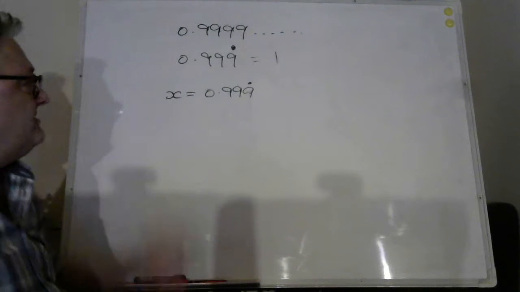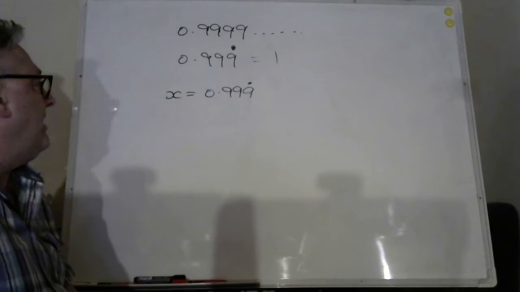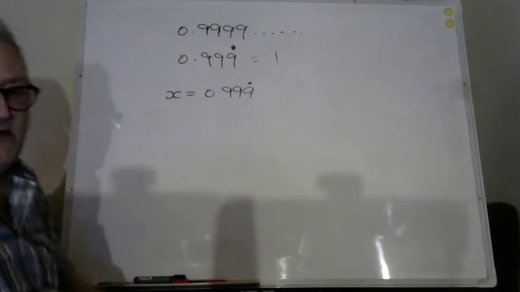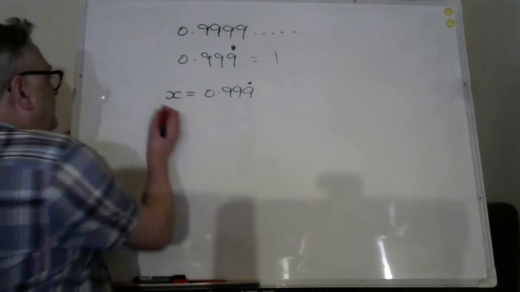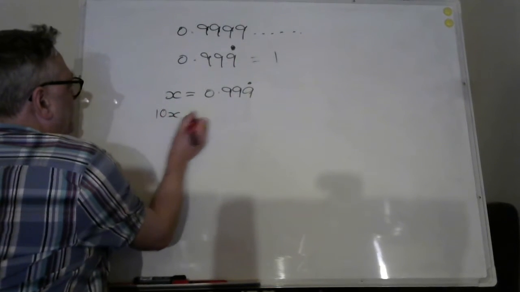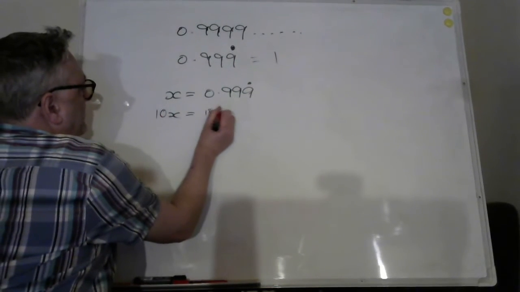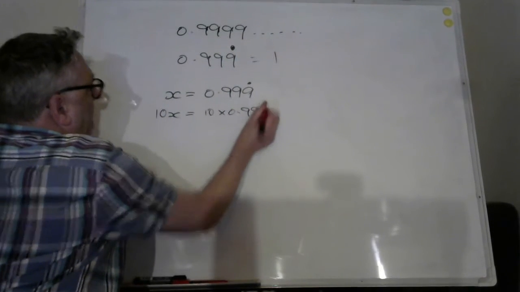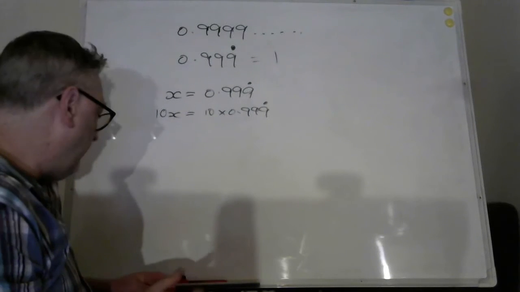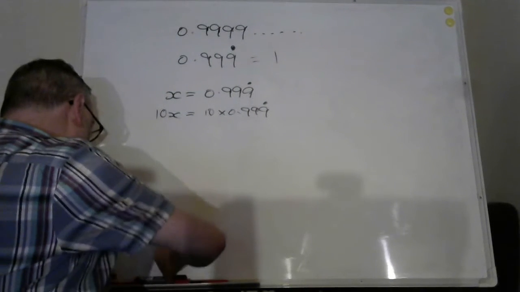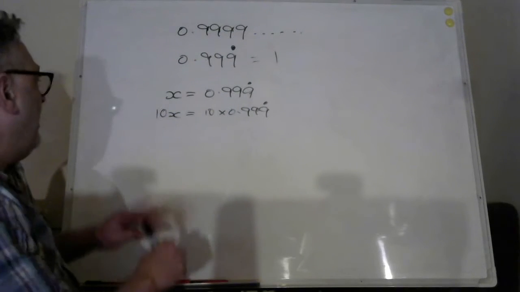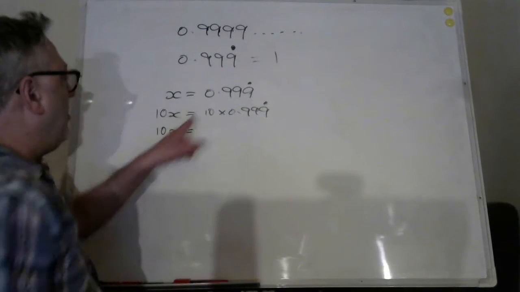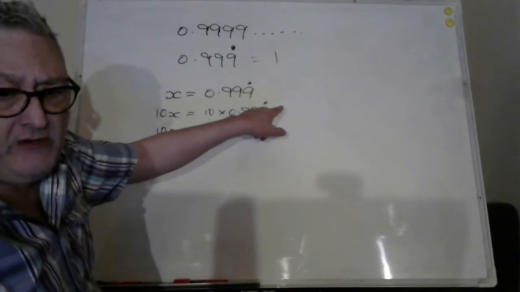Well, that by itself doesn't help us very much. But what you can do is multiply both sides by 10. So you get 10x is equal to 10 times 0.999 recurring. If you work that out, what's 10 times 0.999 recurring?